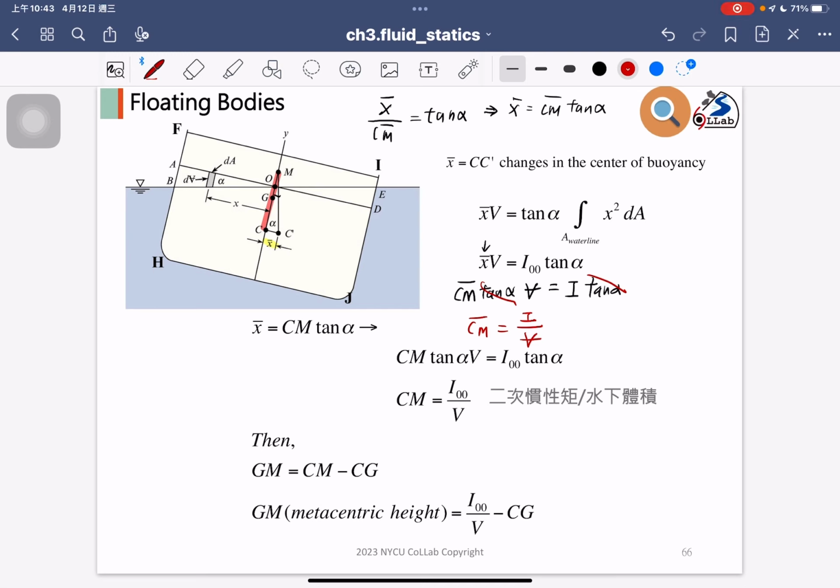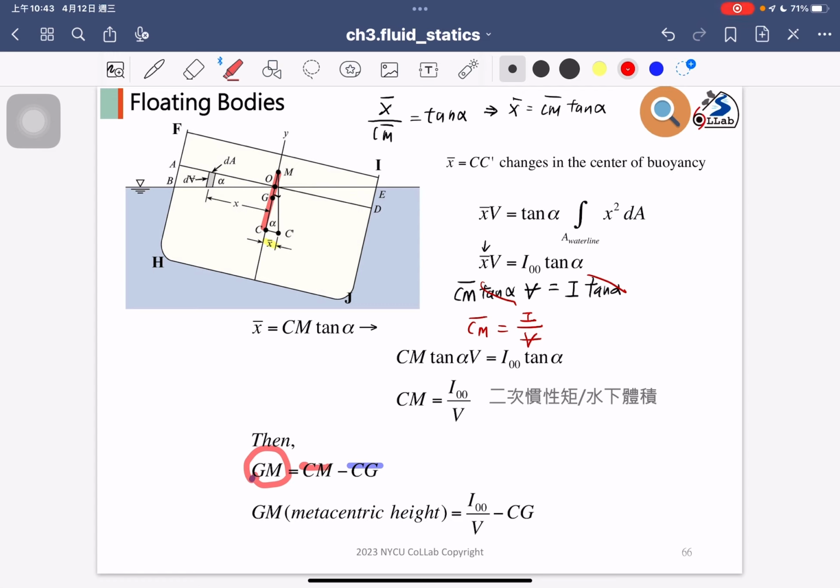So that's why I would like to tell you it is very difficult to compute the Gn distance, but we can compute the Cn distance first. And the Cn distance minus the Cg distance gives us the Gn. And we just identify whether the Gn is larger than 0 or less than 0, and we can say the body is stable or unstable.